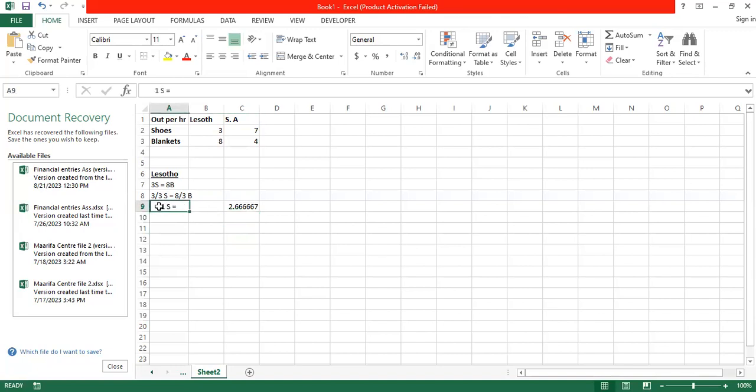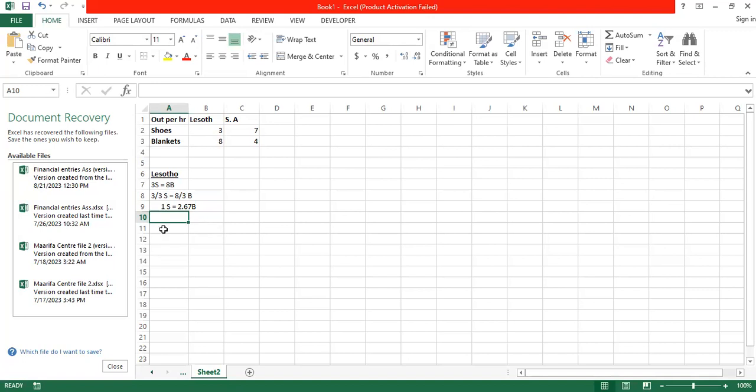That's going to be 2.67. By interpretation, sorry, this has to be B there: the cost of producing one shoe in Lesotho is 2.67 blankets. 1 ton of shoes is equal to 2.67 blankets. That's the interpretation. You are simply dividing, right?